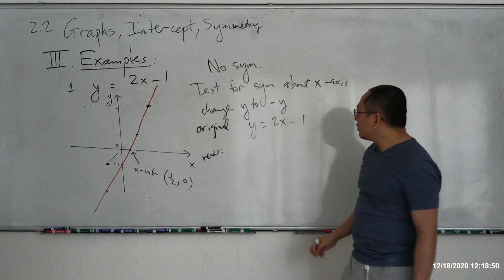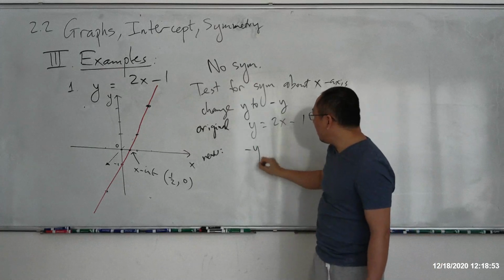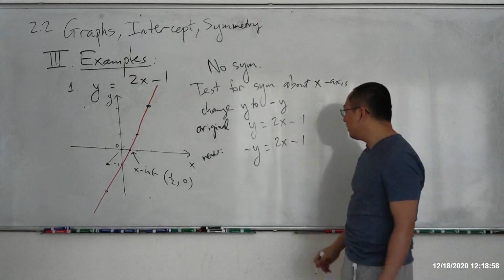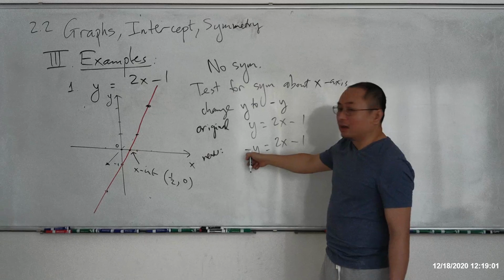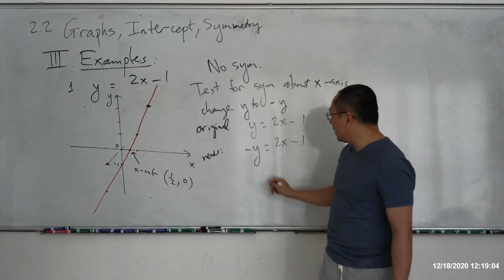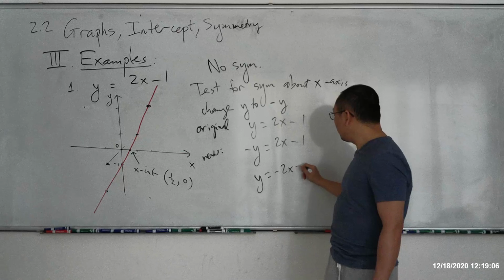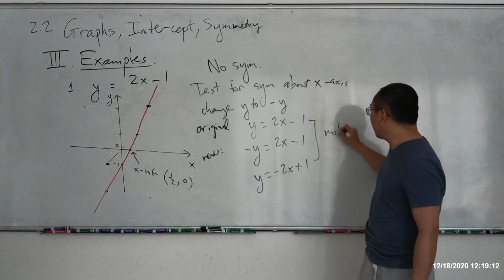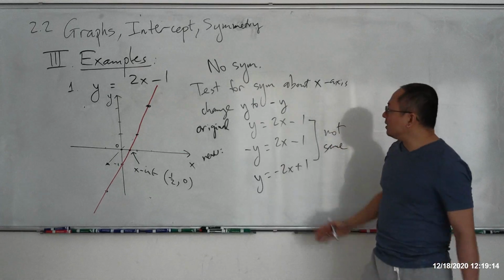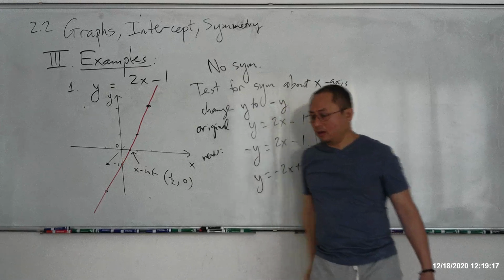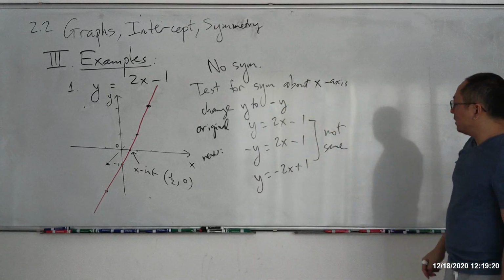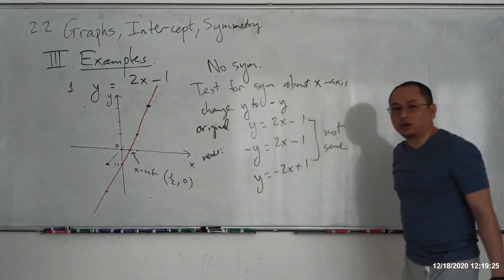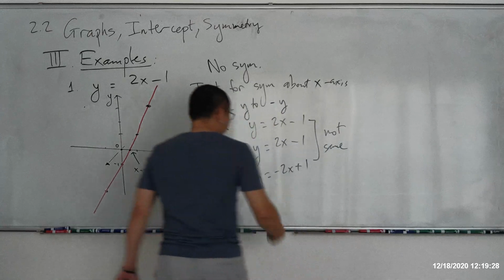Whenever I see a letter y, I change it to negative y. I will have negative y equal to 2x minus 1. You see that the two equations are not the same. To simplify a little, divide both sides by negative 1. I get y equal to negative 2x plus 1. So my new equation and my original equation are not the same again. That means the graph is not symmetrical about the x-axis, because when you change y to negative y, you come up with a new graph. It's not the same graph anymore.